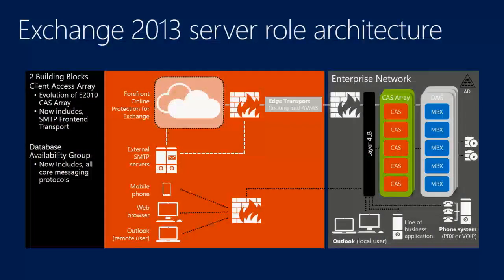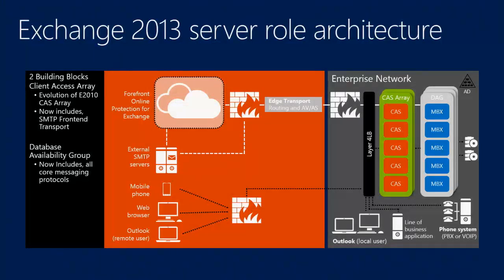So the architecture. The architecture is simplified in Exchange 2013. We removed a bunch of core server roles and we collapsed them into two primary server roles. We have the client access server role, which is primarily responsible for authenticating all client traffic and making an intelligent decision of how to get that traffic to the mailbox server hosting the active database copy.